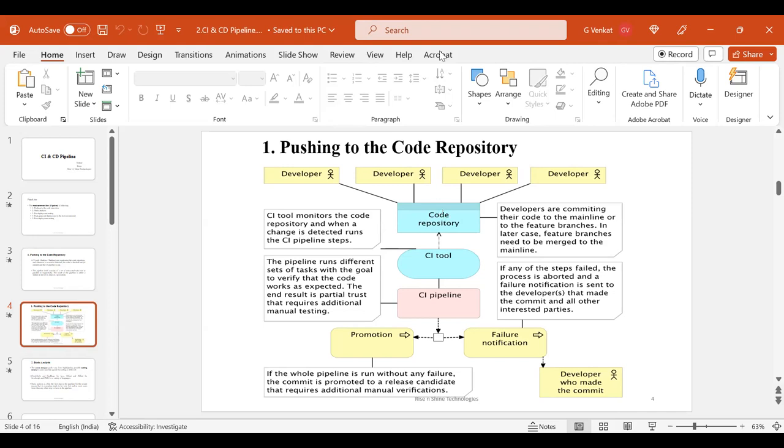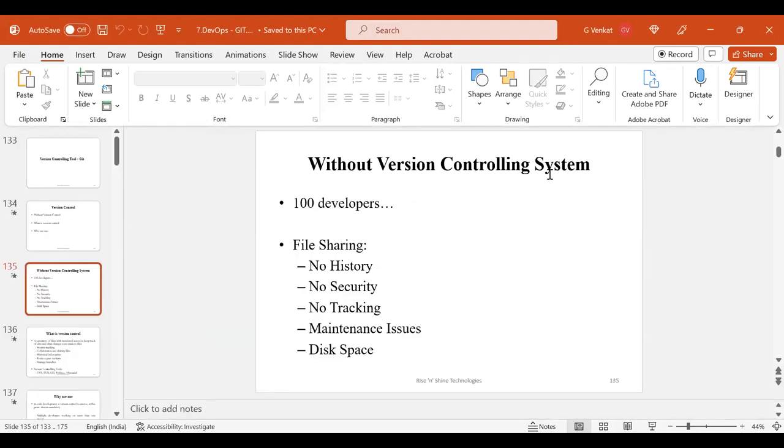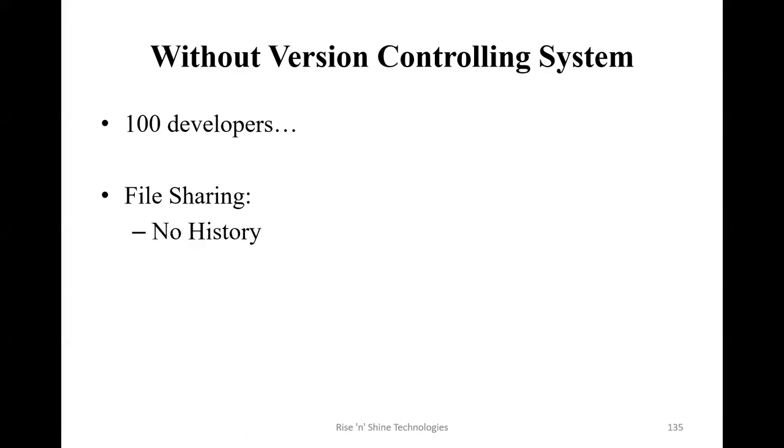These version controlling tools, we can also call source code repositories. If you're not using version controlling tools and you have 100 developers in the development team, file sharing is challenging. No history. You can share the files, but no history, no security.